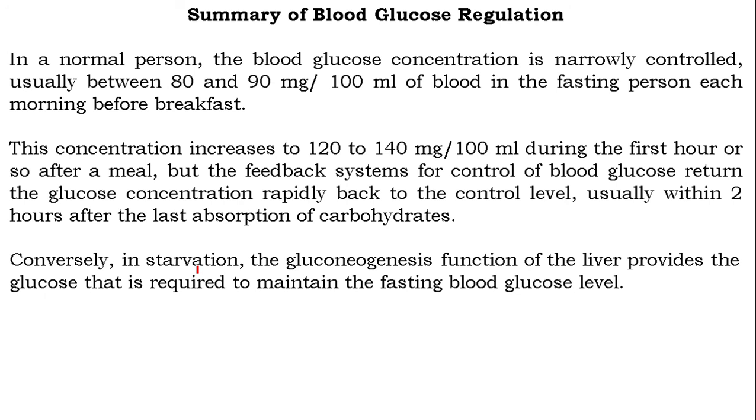Whenever the amount of glucose available in the blood is less than normal, glucagon is secreted. This hormone is responsible for the mobilization of glucose from glycogen, from lipids, from proteins, etc. That is about these two hormones.